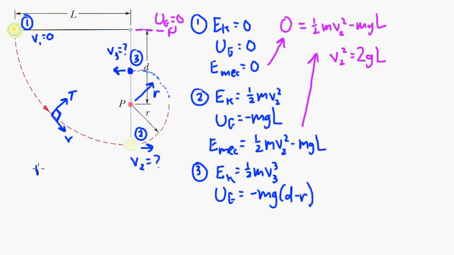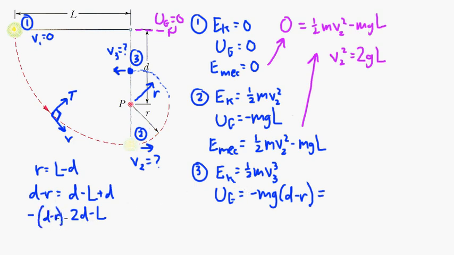And we'll recall that r equals big L minus d. So d minus r equals d minus big L plus d, which is 2d minus L. Then the negative of d minus r is going to equal L minus 2d.